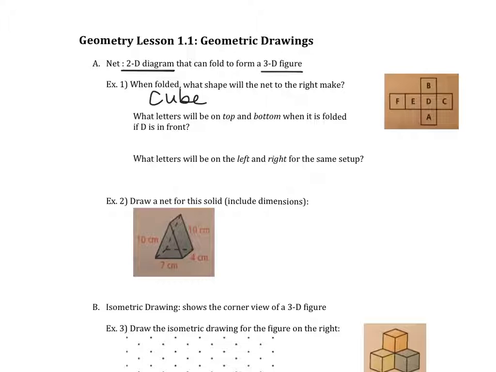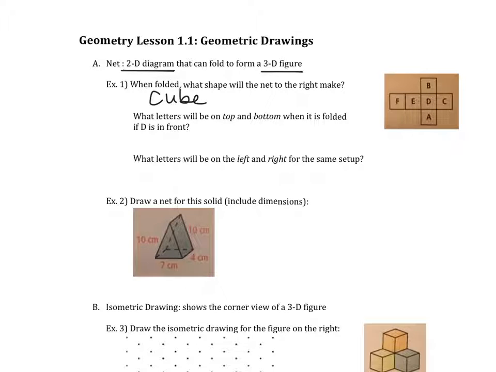What letter would be on top and bottom when it's folded if the D is the front? So if we see D as the front face and you fold everything else down to make the cube, what would your top and bottom be? Can you see it? It would be A and B, right? So you kind of have to think of it like, this isn't the best example, but if this was D right here, then whatever's right above that, when it gets folded, is my top.